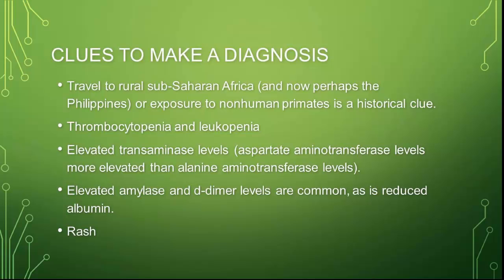Some clues to make a diagnosis: recent travel to rural sub-Saharan Africa, or exposure to non-human primates, thrombocytopenia and leukopenia, elevated LFTs, usually AST more elevated than ALT, elevated amylase and D-dimer are common, and the rash.